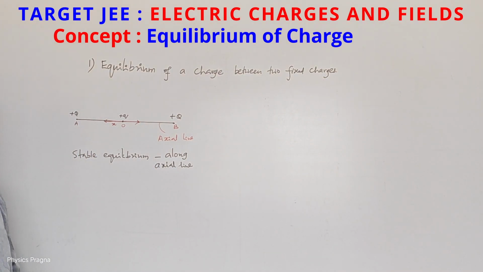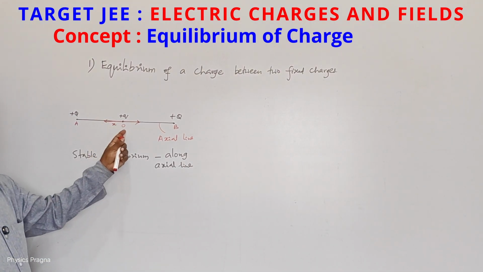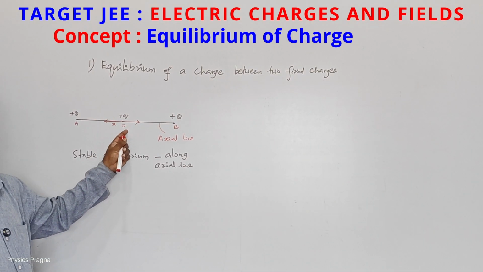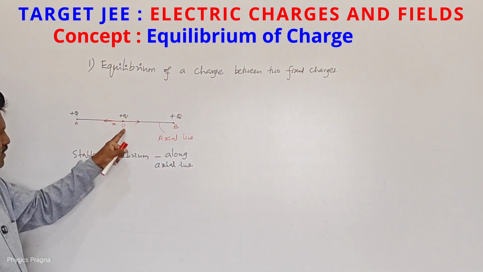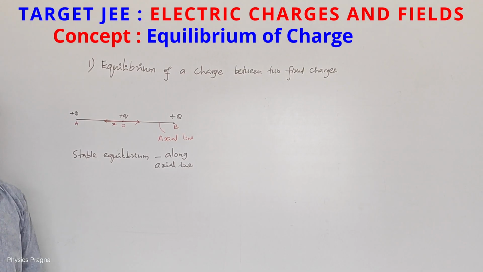What is stable equilibrium? Stable equilibrium is a point about which a charge oscillates. So the stable equilibrium is at O, and that O is along the axial line.